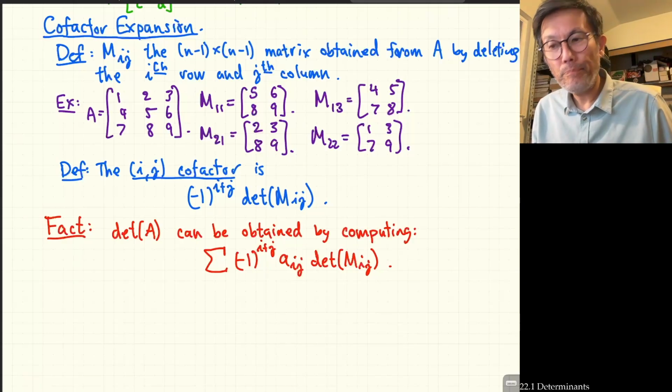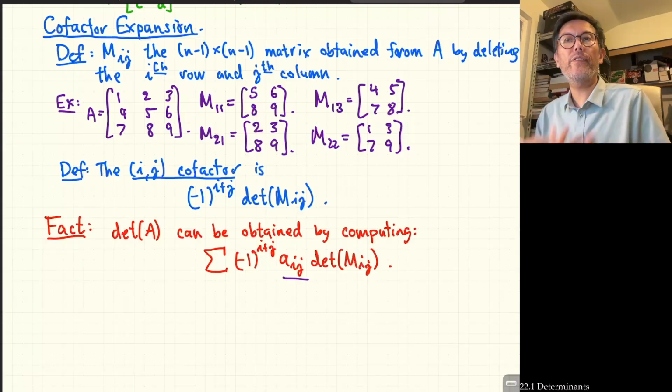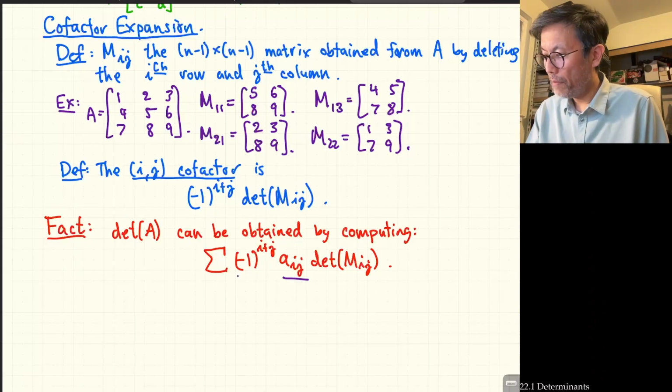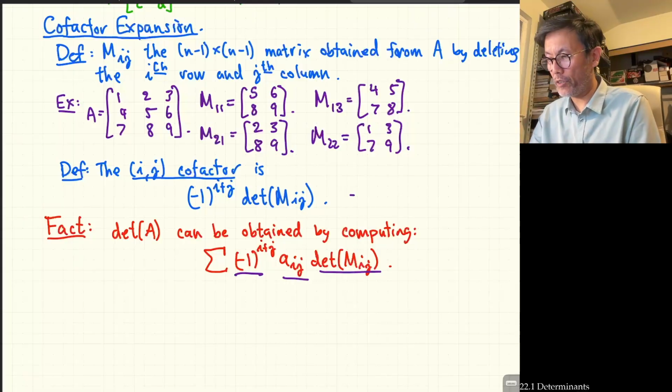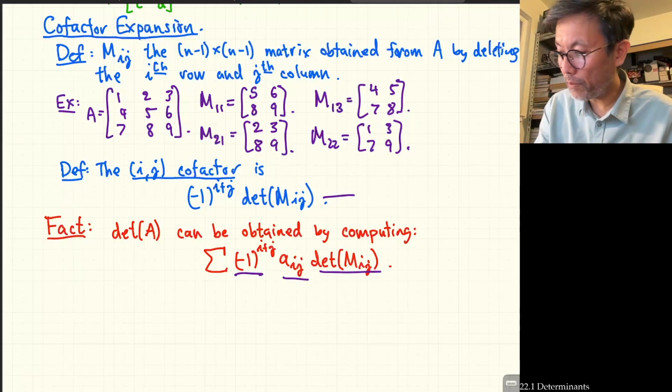So aij, just to be clear, this thing here is the ij entry of the matrix. And the rest of it, this part here together with that part there, that's the ij cofactor that I was talking about up here. Okay? And we can do this kind of expansion.